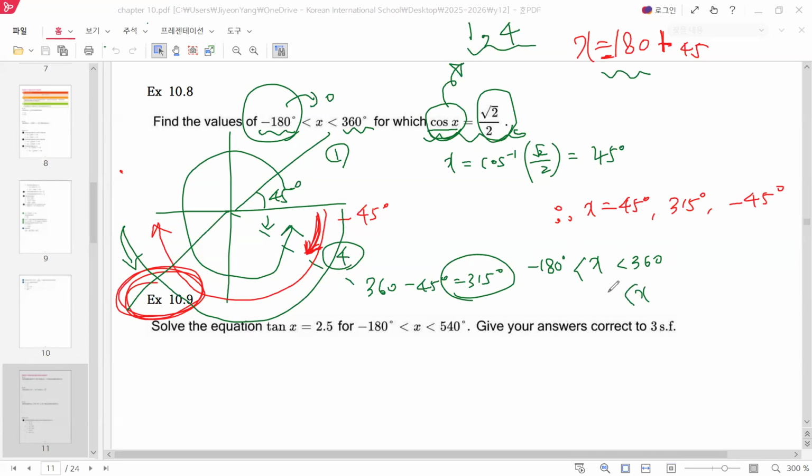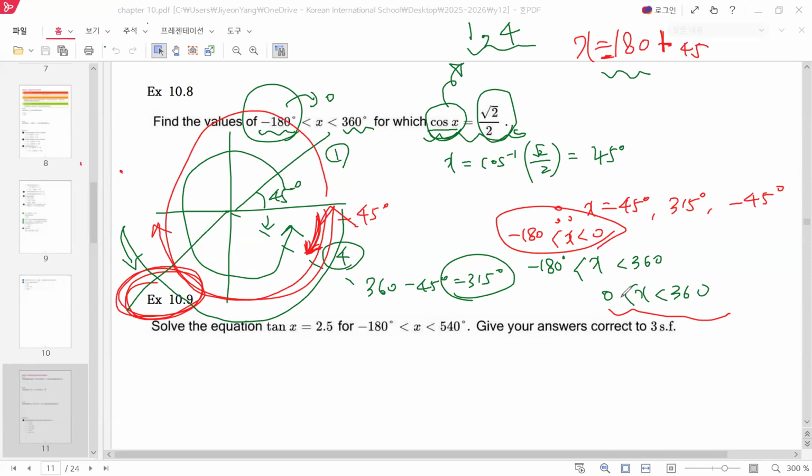So if x is from 0 to 360, it means that one full circle on the positive direction, right? So we need to consider from negative 180 to 0 as well. Do you understand? 0 to 180 means anti-clockwise, starting from this direction, 180.